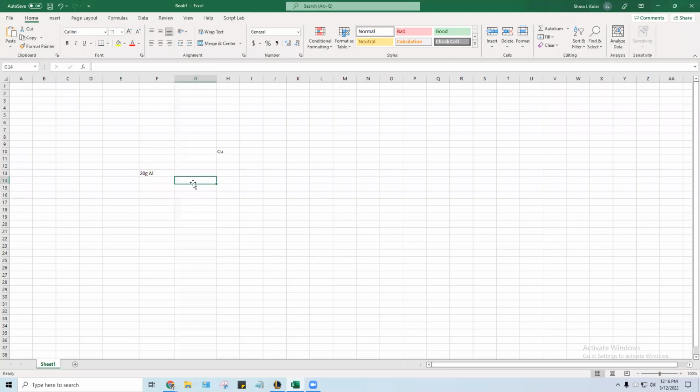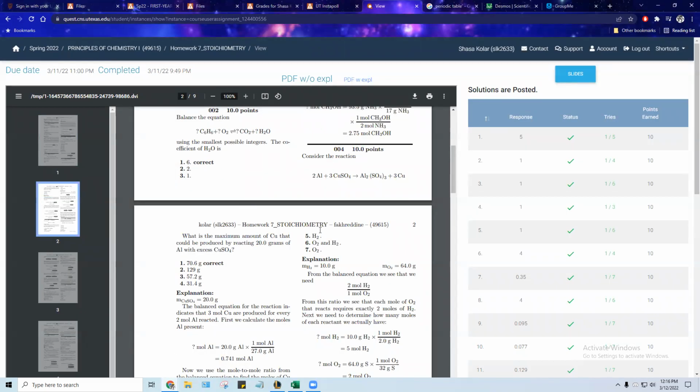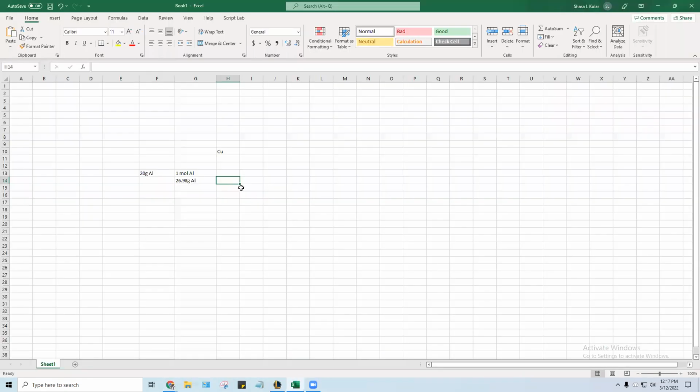So 26.98 grams aluminum is 1 mole of aluminum. And then the molar ratio from aluminum to copper is 2 aluminums to 1 copper. So 2 moles aluminum to 3 moles.